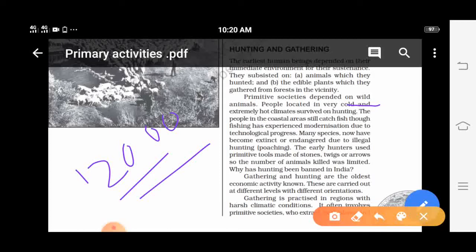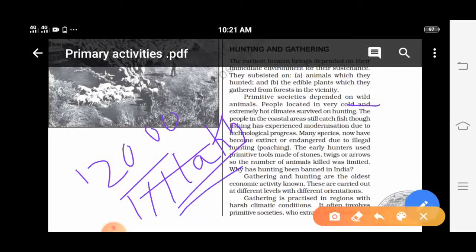So in short, the earliest form of activity was hunting. But do you know that today hunting has been banned in most parts of the world, also in India? So today, according to an estimate, only 1% out of 1 lakh are engaged in hunting. Okay, so today it is no longer an important means of survival.